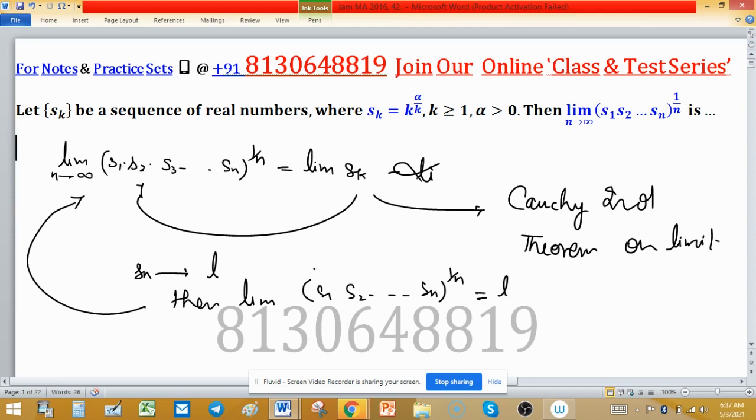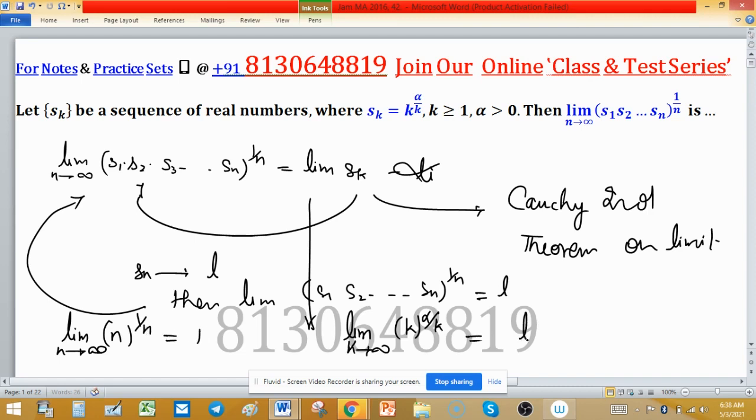So this one equals limit n tends to infinity and Sk is k raised to the power alpha upon k. Here either you can write n or k, so as k tends to infinity, and use the fact that limit of n tends to infinity n raised to the power 1 upon n is equal to 1.